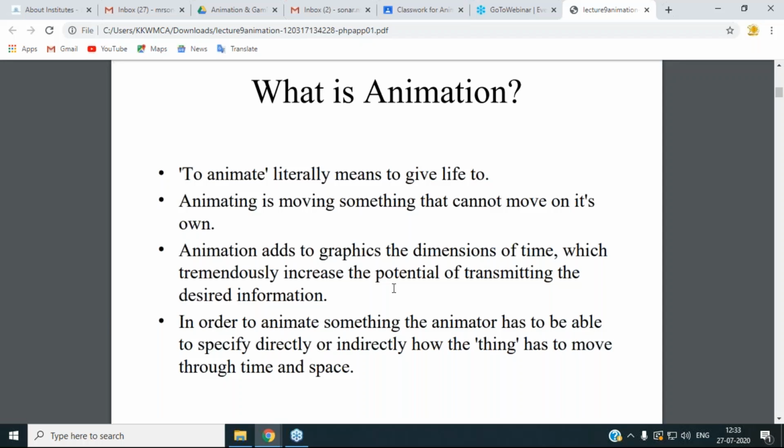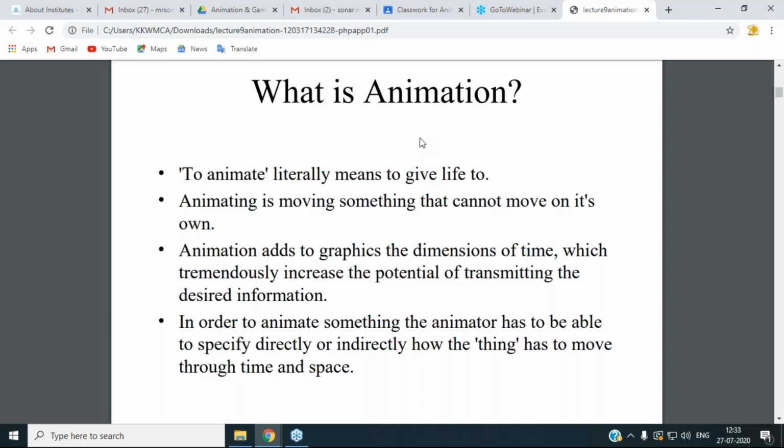So what is animation? It comes from the word animate. Generally, most words come from a root, like computer comes from compute. Like that, animation comes from animate, which literally means to give life to. So it is nothing but giving life to something. That is called animation or animate.